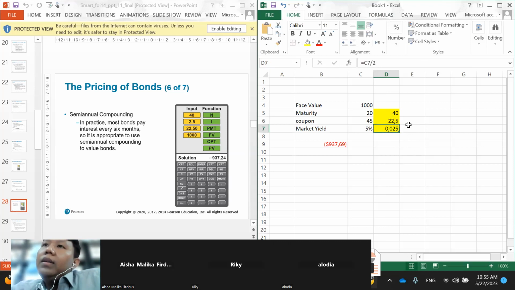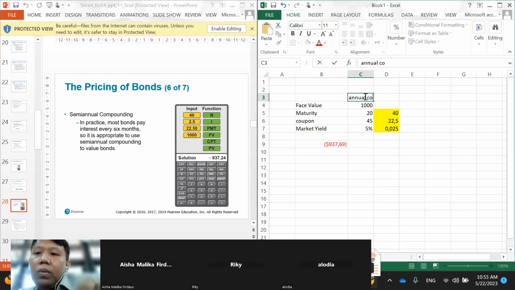Okay. So this is the adjustment that we will need to make. This is annual coupon, and this is semi-annual coupon.